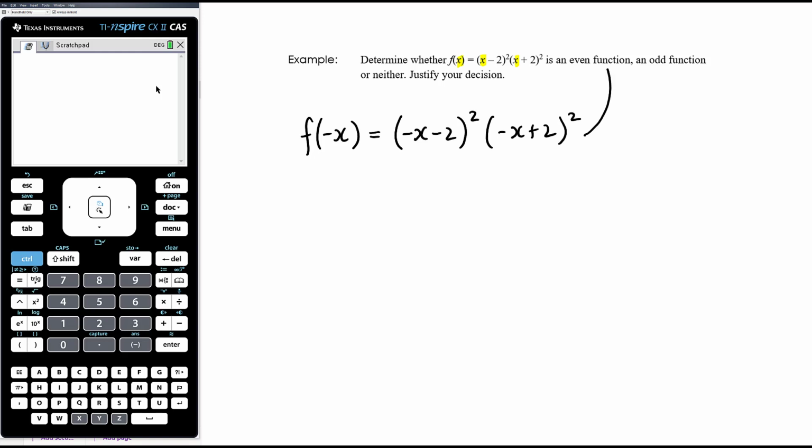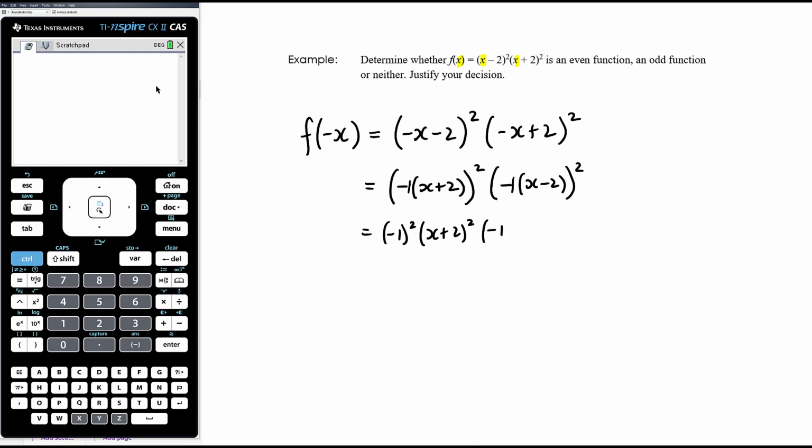Okay, so given I think it's not going to be odd, it's going to be even, I want to see if I can turn it back into that original function. So if I think about factoring out a negative in here, and again factoring out a negative in here, and now that's essentially negative 1 times that bracket. So we've essentially got negative 1 squared times x plus 2 squared times negative 1 squared times x minus 2 squared.